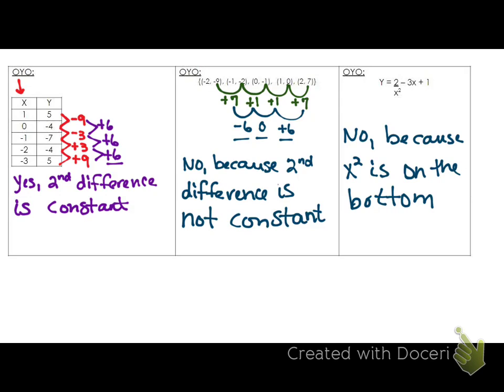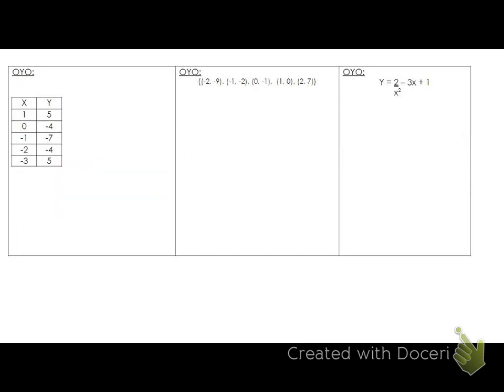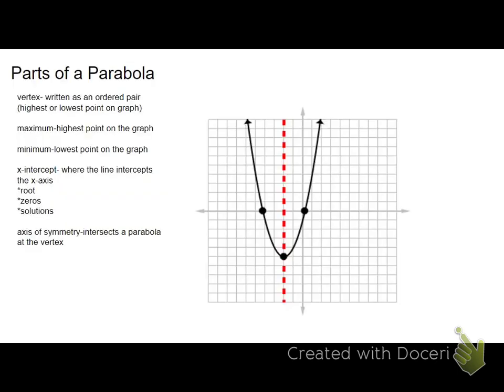Now, this last part that we're going to cover today is what does a quadratic graph look like? If I would have you graph this out, what kind of line would that be on your graph? What's that curved line called? Parabola, yes.